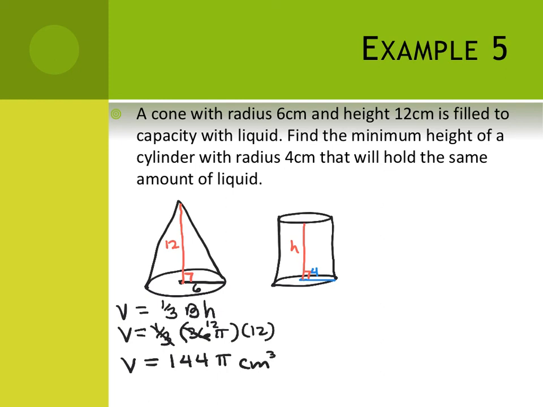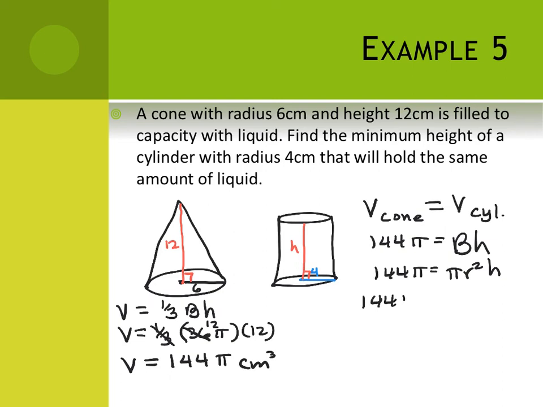I'm now going to set this volume, so I want to make sure that the volume of the cone equals the volume of the cylinder. So my formula for volume of a cylinder is capital B H. Over here it's the 144 pi. My base area is a circle, so it's going to be pi r squared height.